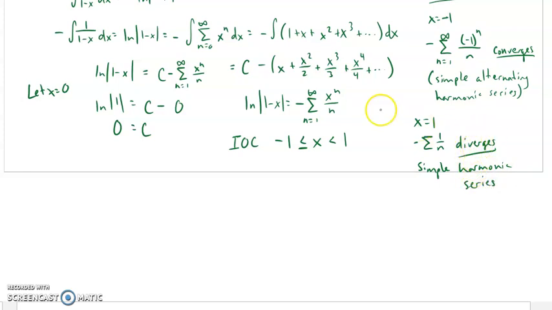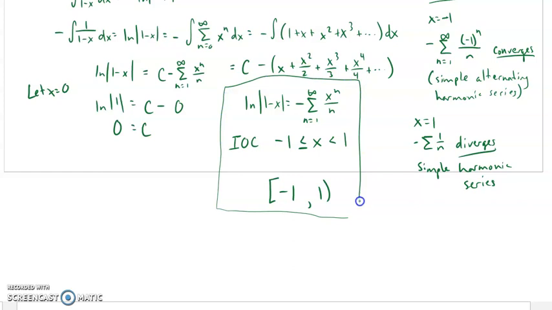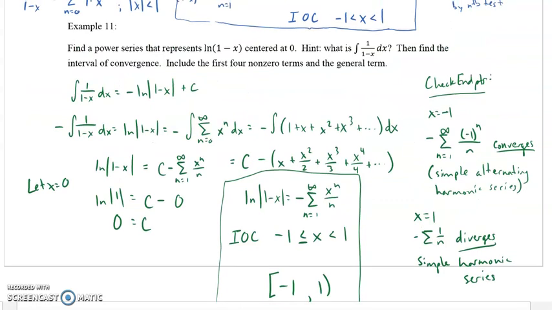So because it diverges, x equals 1 is not part of the domain. So our interval of convergence includes negative 1, but not positive 1. So that is one of the ways we can use integrals and derivatives to create power series without having to actually do the multiple derivatives over and over and over again.